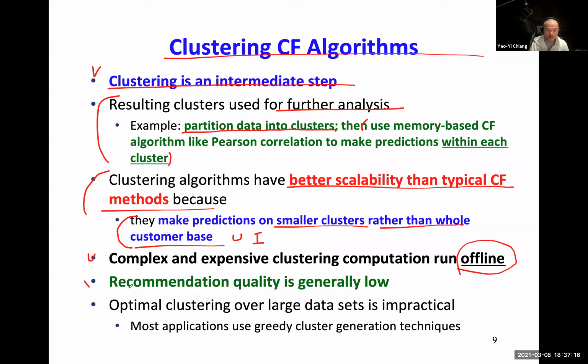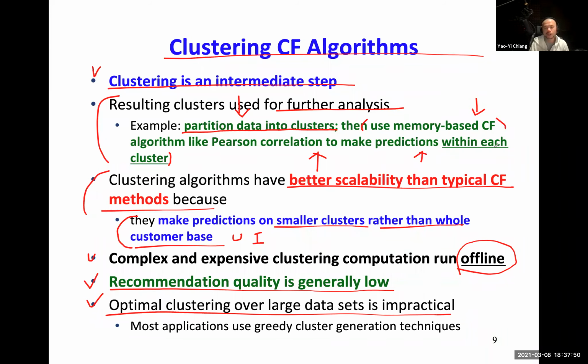But sometimes your recommendation quality can be low because, well, first, optimal clustering is impractical. Second, if you look at this description here, your first goal is to partition the data into clusters. Your second goal assumes that every data point in one cluster contains similar users or similar items so that you can use them to make predictions, right?